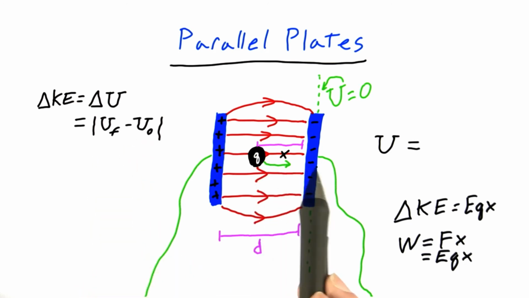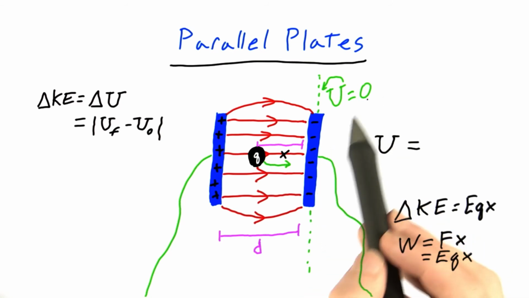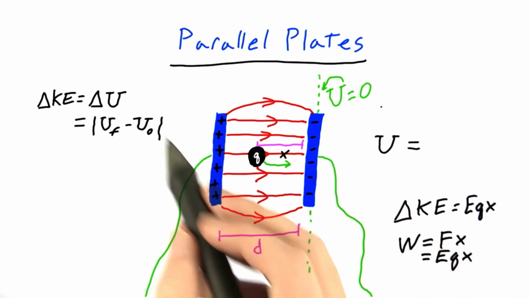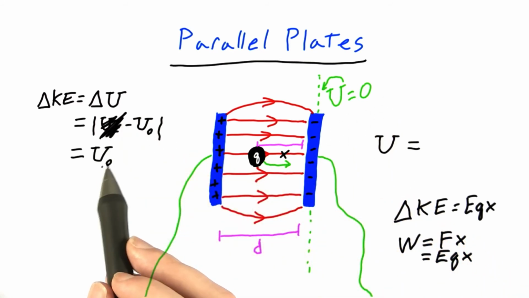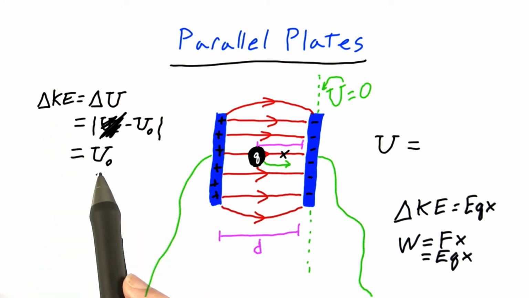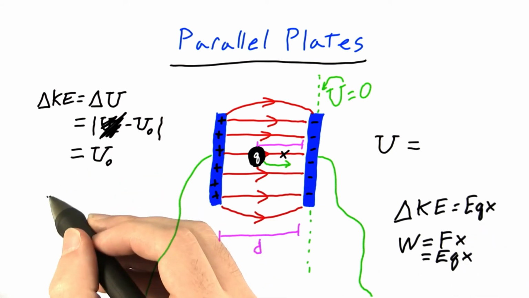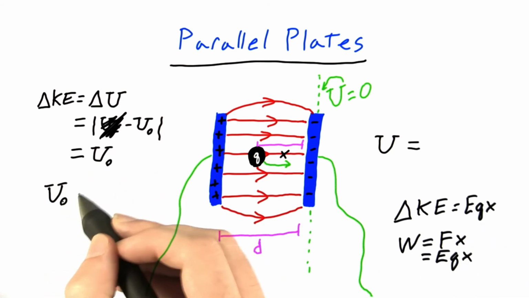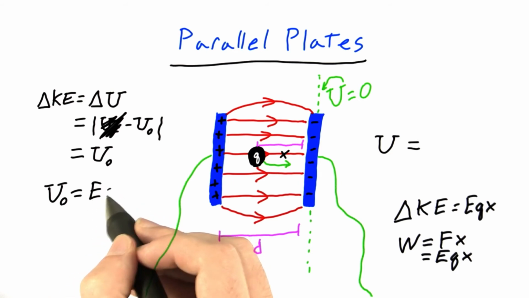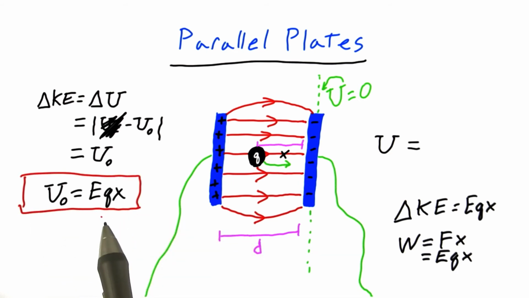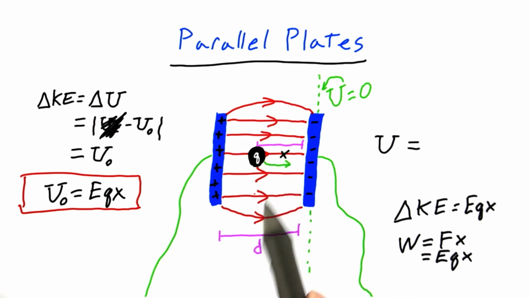And we know that if the charge moves all the way to the negative plate, it has zero potential energy, so we can cancel out this term, which leaves us that the change in kinetic energy is exactly equal to the original potential energy. And we know that the change in kinetic energy is equal to EQx, so this gives us that the original potential energy was equal to EQx. So this is our nice formula for the potential energy of a charge in a constant electric field.